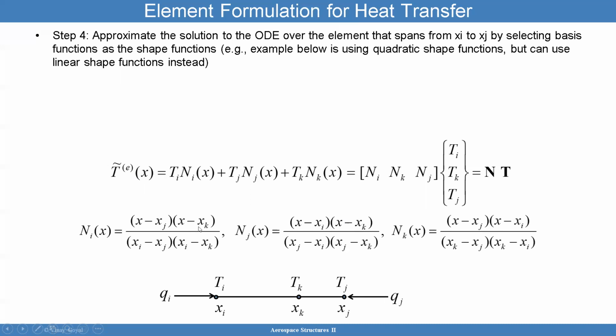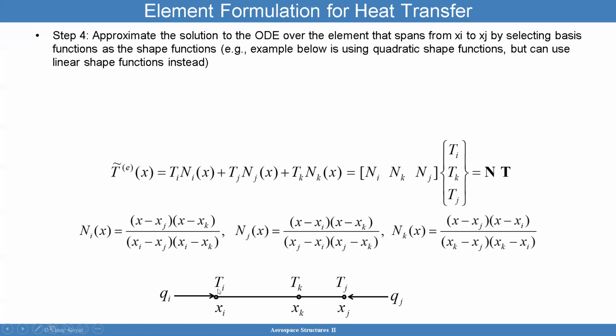And you can see that these polynomials vanish at a particular location. For example, this polynomial clearly vanishes at j and k. For example, if I put xj for x, this goes away. If I put xk for x, this goes away. So this polynomial is 0 at that node and that node, but this polynomial is 1, it has a value of 1 at the node of interest, ti.